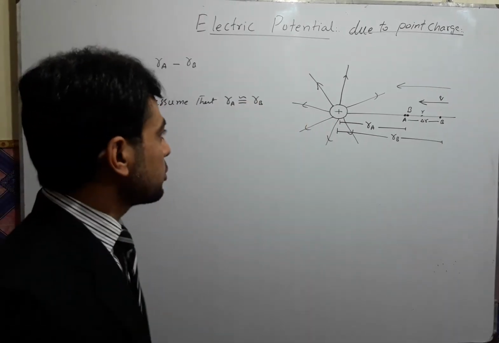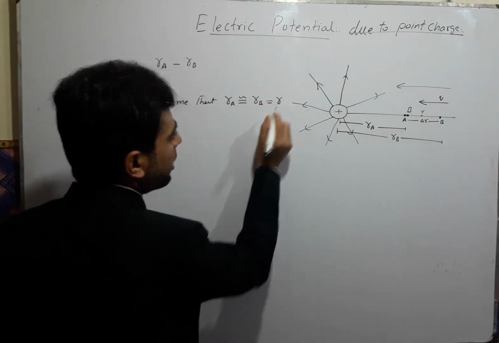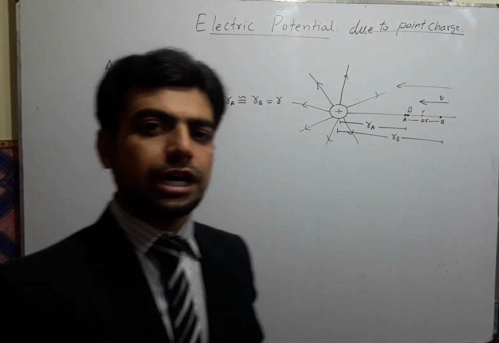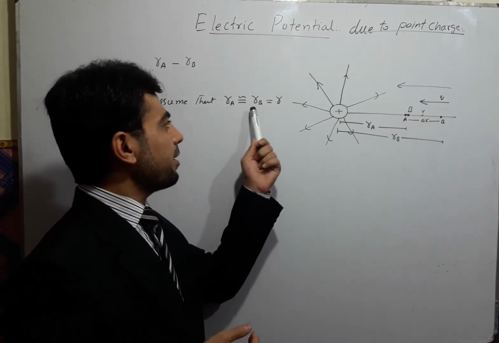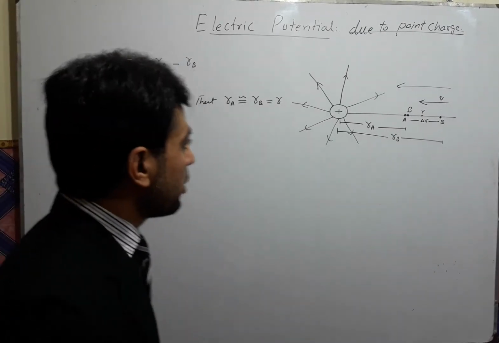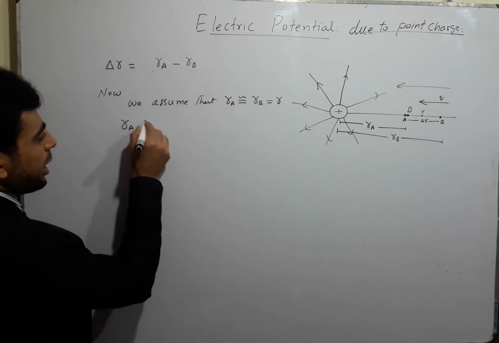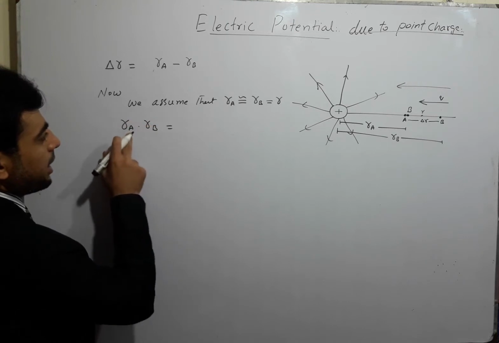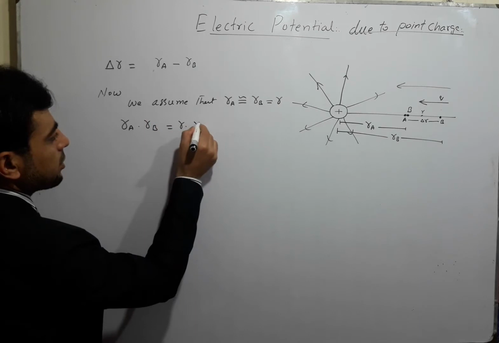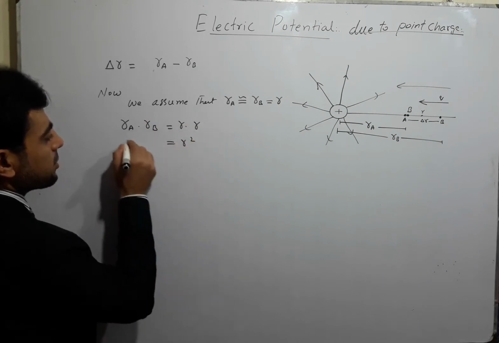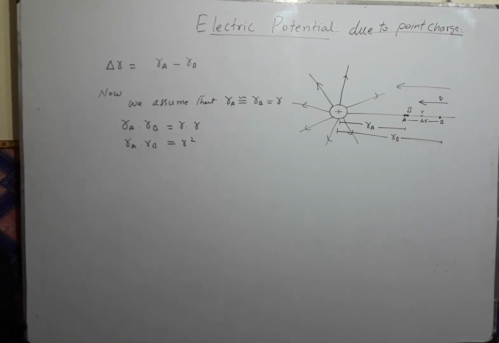In this case, we represent both distances with R, because both distances are equal. So RA is equal to R and RB is also equal to R. So R into R is equal to R square, RA into RB is equal to R square.